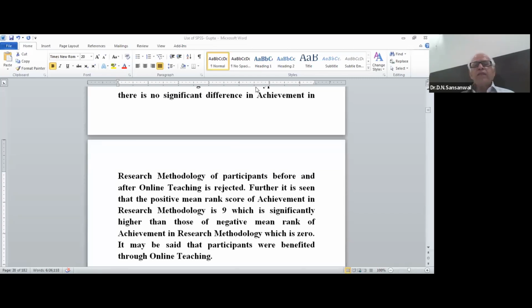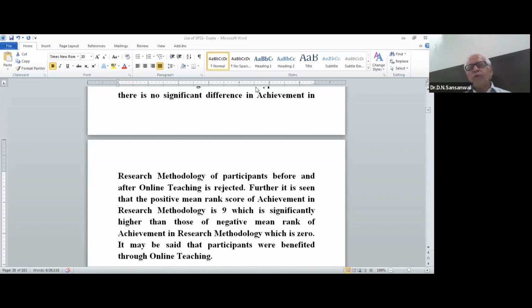This is a wrong assumption. If your data are not fulfilling the assumptions of parametric, then you have no alternative except to analyze the data with non-parametric.